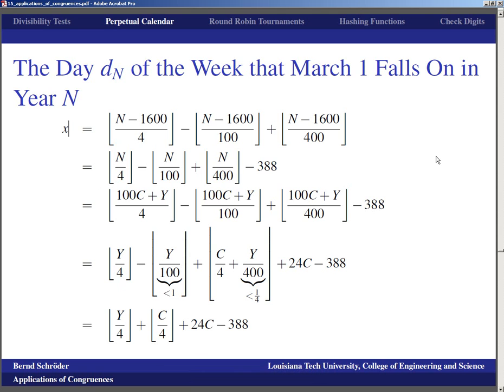That's the number of leap years that we have between March 1 of 1600 and March 1 of the current year.